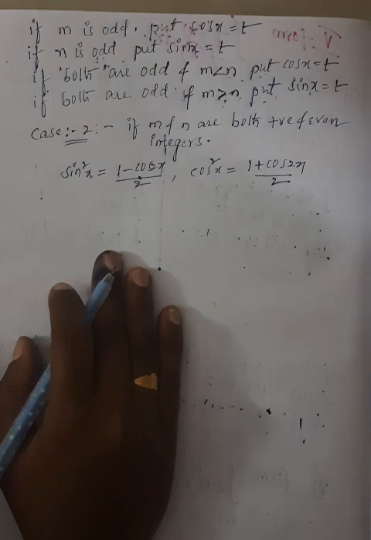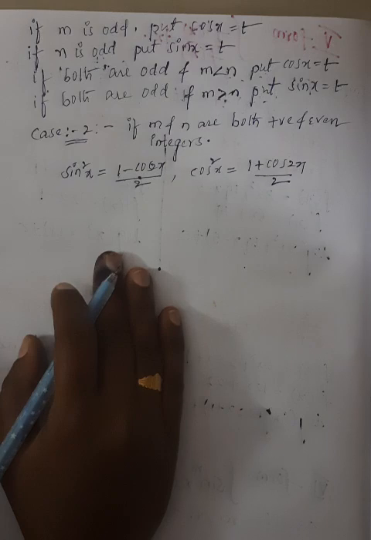So these are the cases we have seen under the integral of the form integration of sin power mx into cos power nx dx. Now let us do some problems based on this case 1.